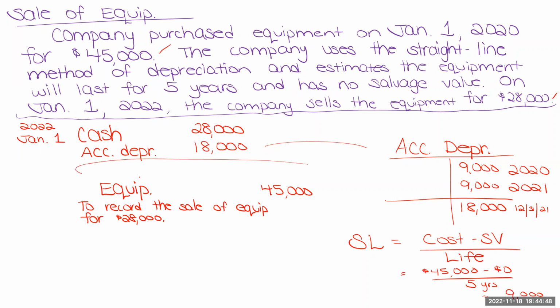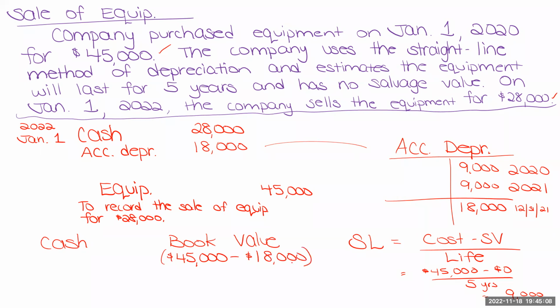Now we have to figure out, do we have a gain or do we have a loss? We said to figure that out, we compare cash to book value. Book value is cost. Cost of $45,000 minus accumulated depreciation of $18,000.